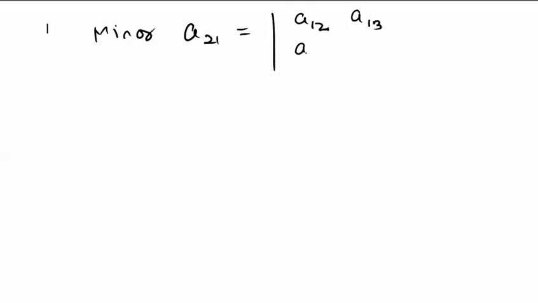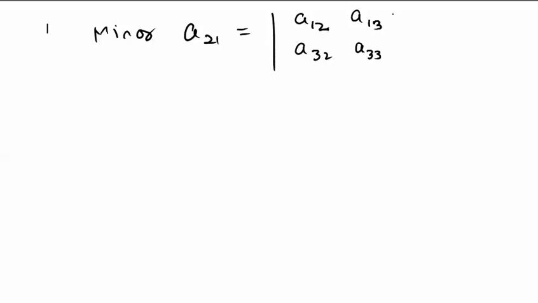So if we wish to find, for example, the minor of a21, leaving the second row and the first column, we are left with a12 and a13, and similarly a32 and a33.